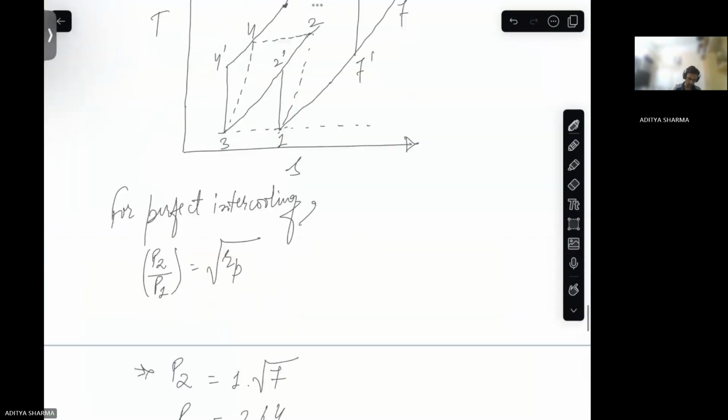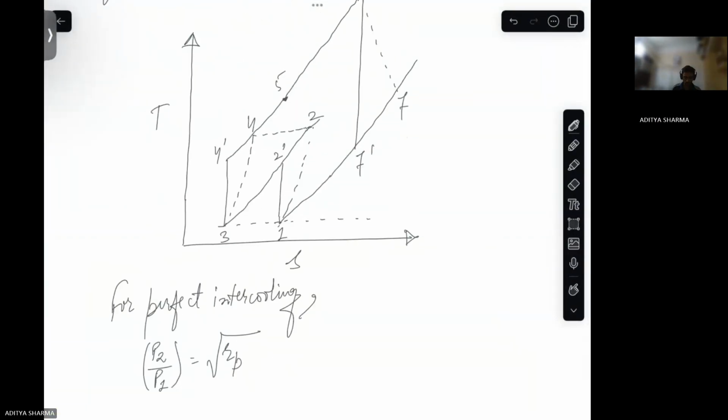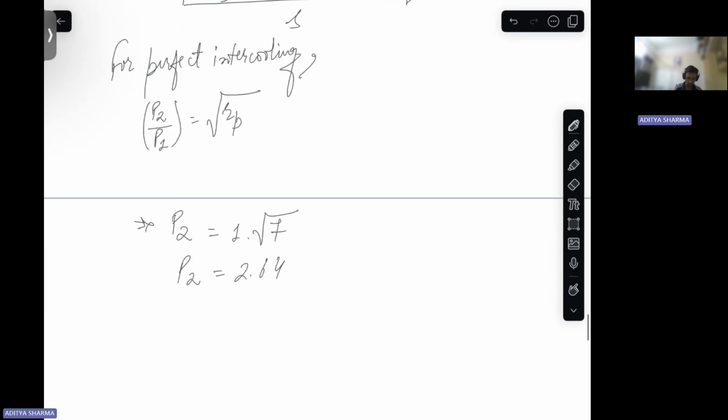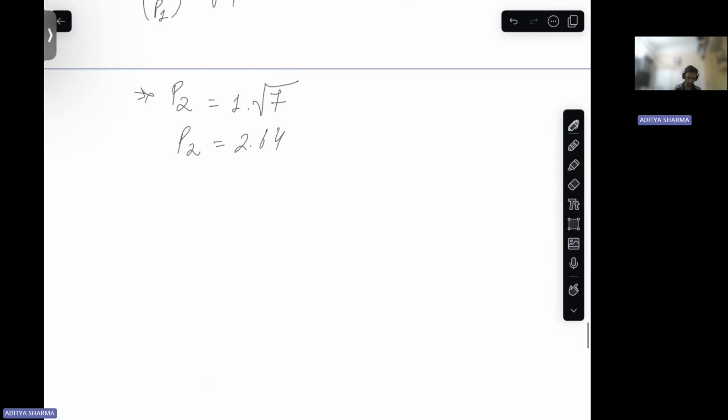You see, for perfect intercooling, the temperature at the exit of the first compressor is equal to the temperature at the exit of the second compressor. So T2 will be equal to T4. And if somehow we can calculate T2, we have T4, which is what has been asked in the question. So this is question number 3.